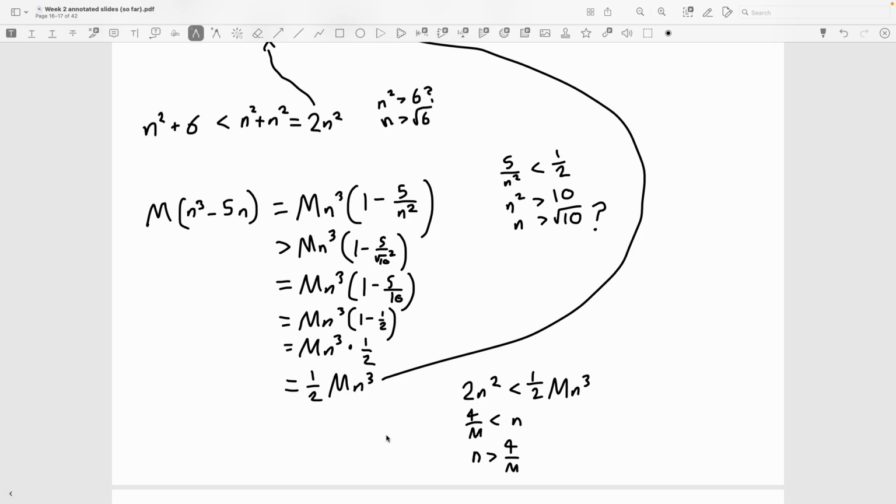And there we have our 3 conditions on n this time. Oh, plus 1.